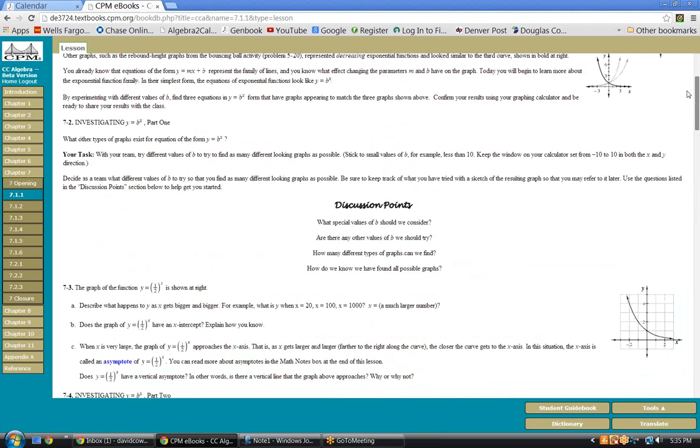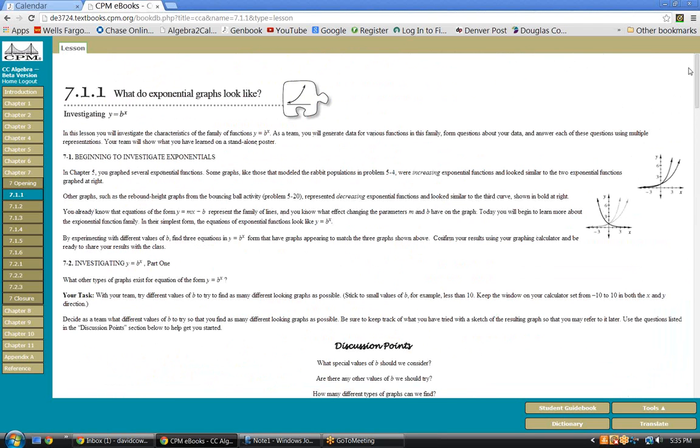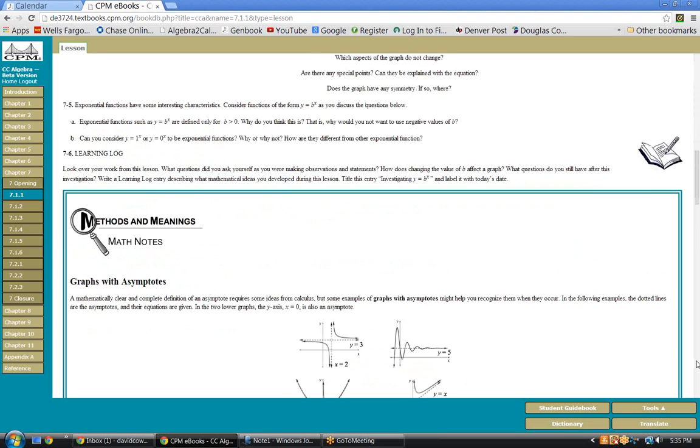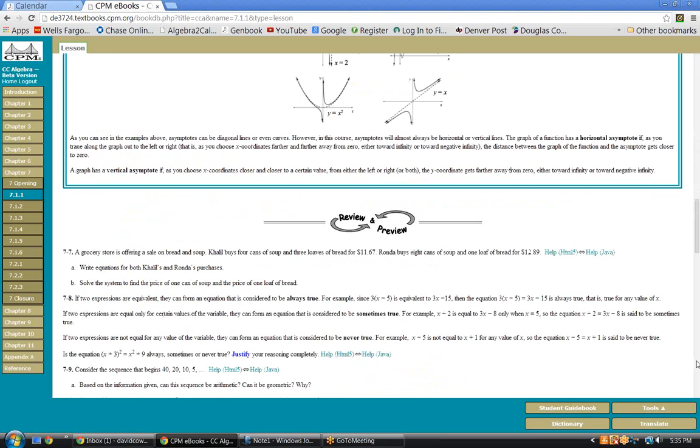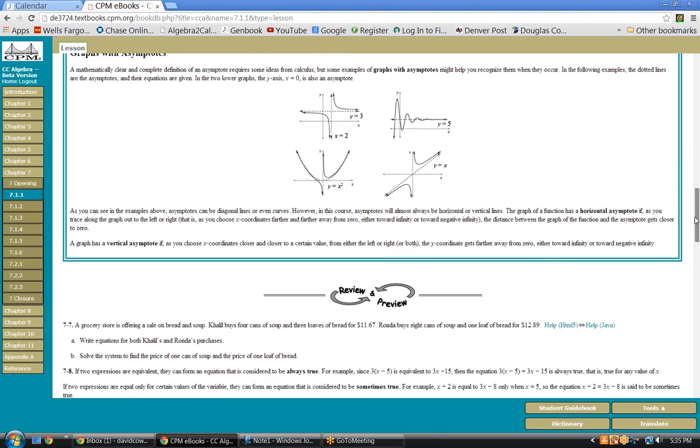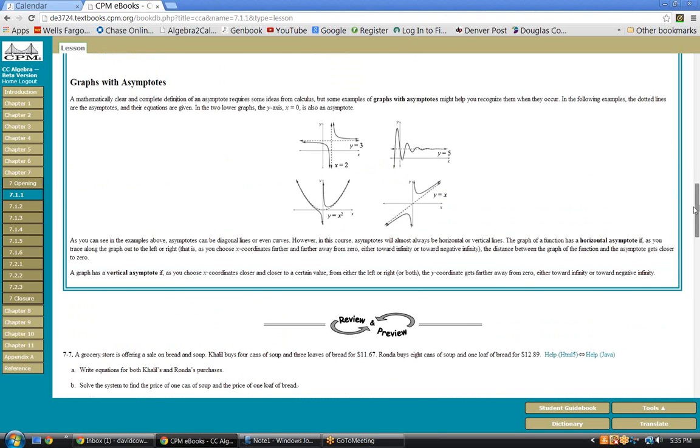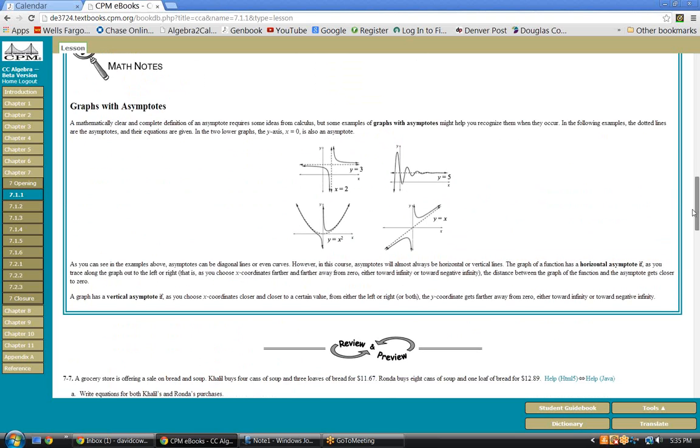Let's do 7.1.1. Go down. Okay. Do the 7-10.